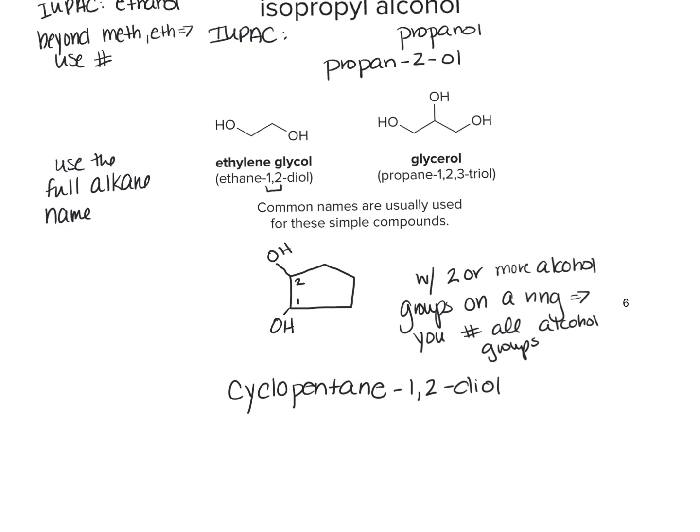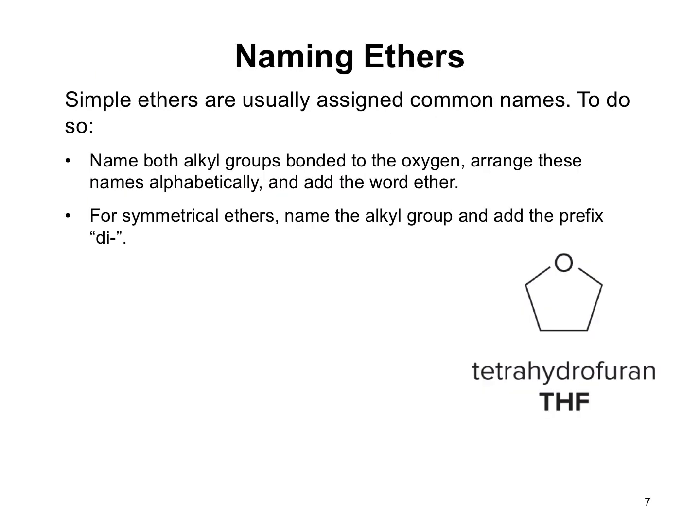Let's talk about naming ethers. Now, ethers are normally assigned common names. So, for example, if we have an ether like here, we would name both alkyl groups bonded to the oxygen and arrange those alphabetically and then add the word ether.